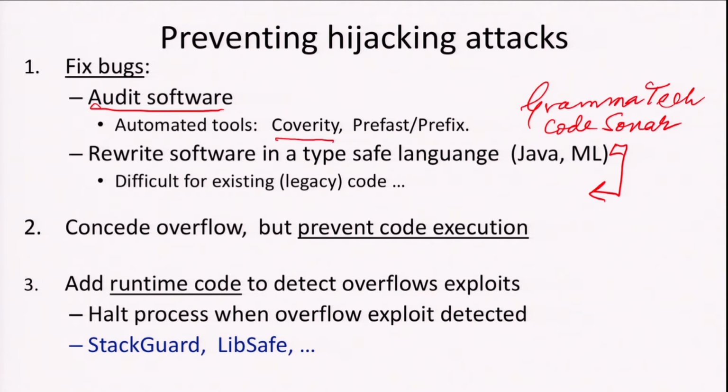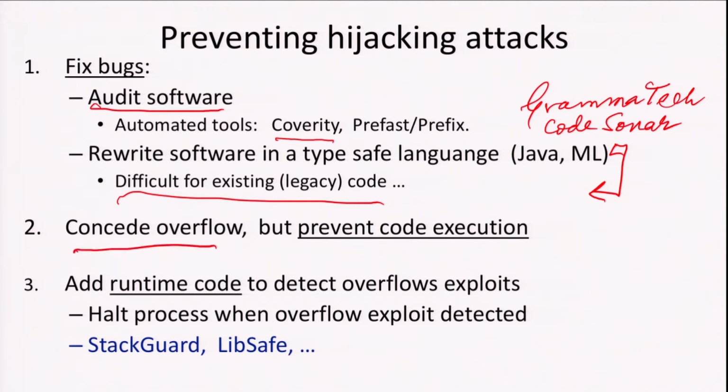But that really is not a solution, because most of the code base we have and most coders today are actually still using C, C++, and all these languages. Plus, it's not true that a type-safe language means that there is no vulnerability, depending on the type system they have, and there is a lot of research going on the type system that can actually check for this kind of vulnerability during type checking.